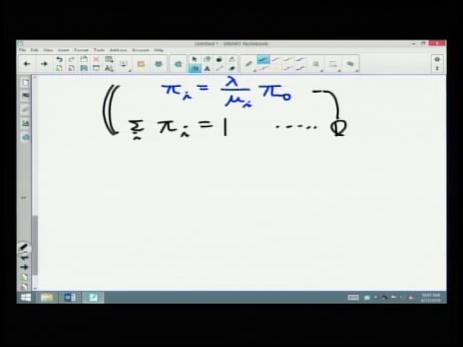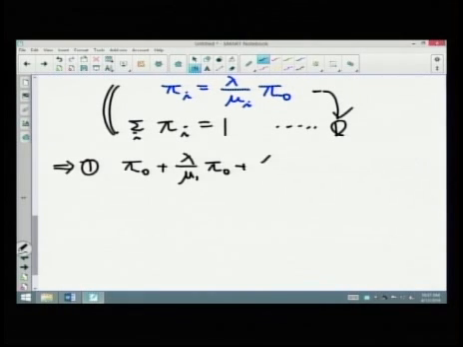So if you use this for equation 1, then 1 can be rewritten as pi 0 plus what? Lambda over mu 1 pi 0, lambda over mu 2 pi 0, and so on. Is that right?